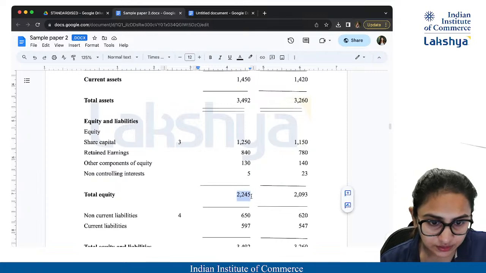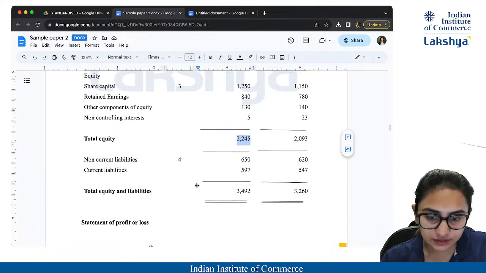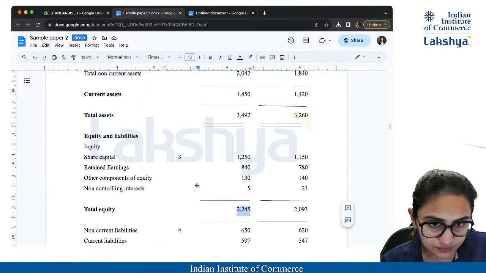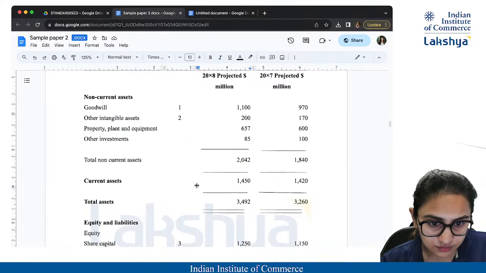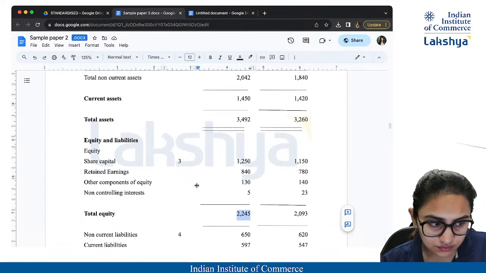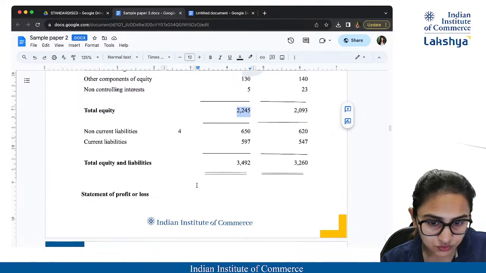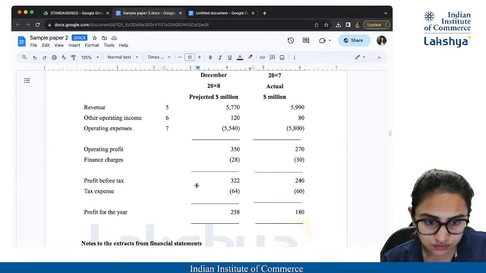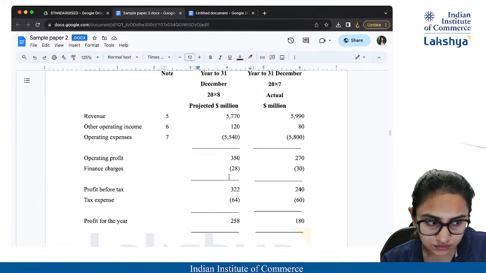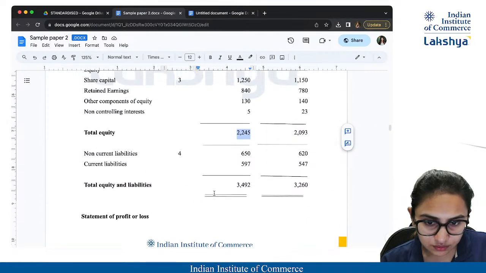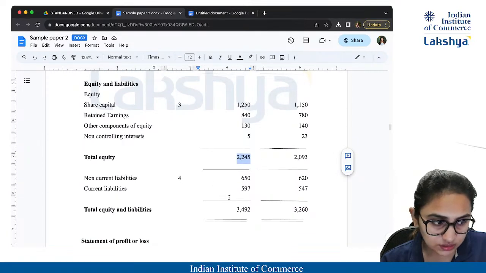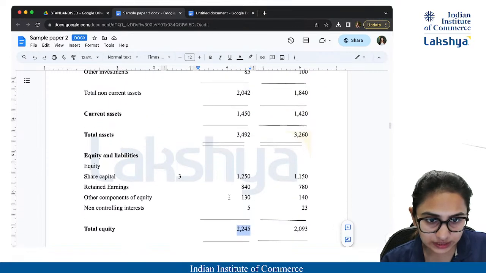This is the equity, your total equity, and the total debt is 539.